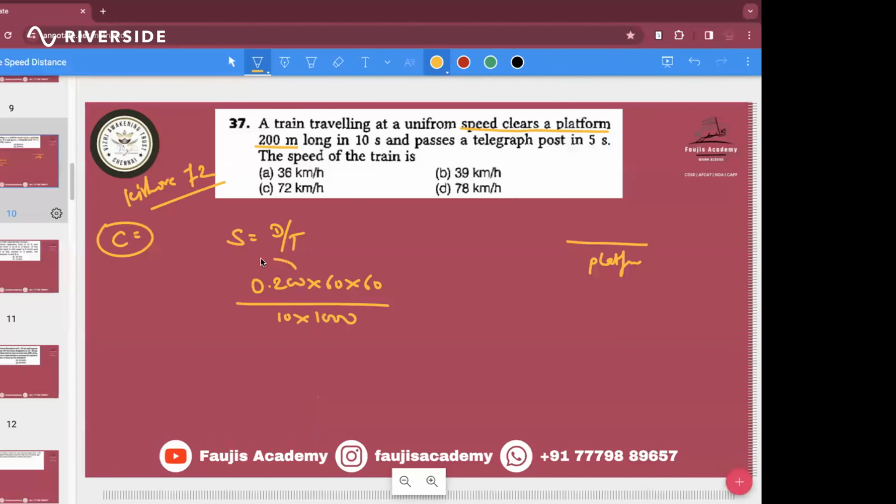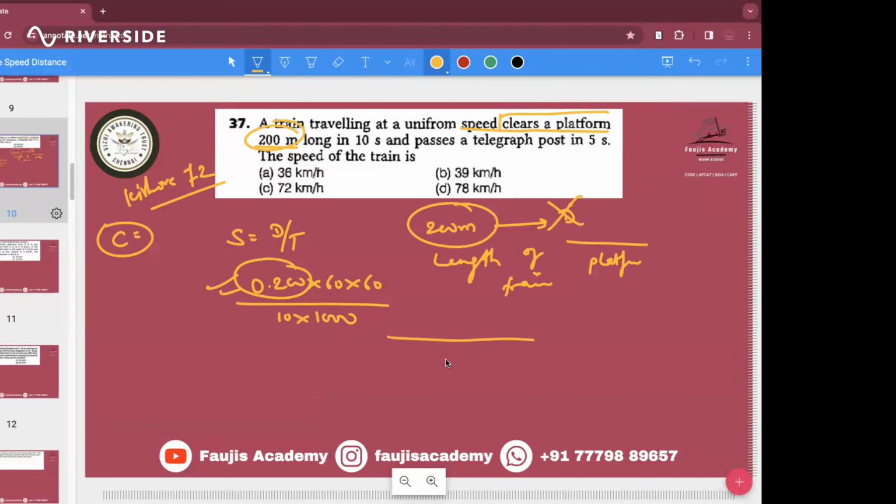The problem with your answer is that you are assuming 200, which is basically the length of the platform. The platform length is 200 meters. How about the length of the train? This is not the distance.